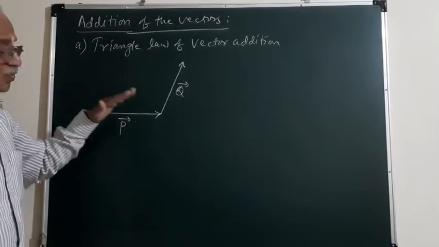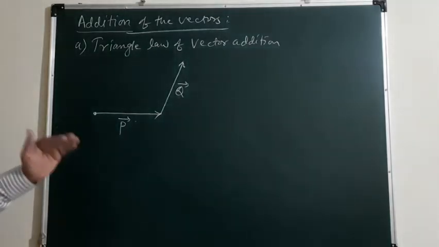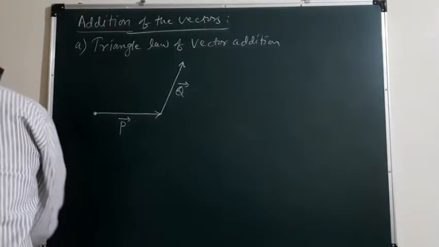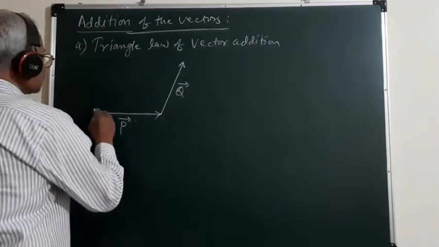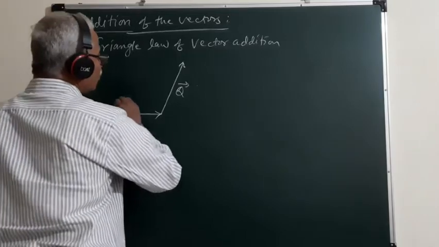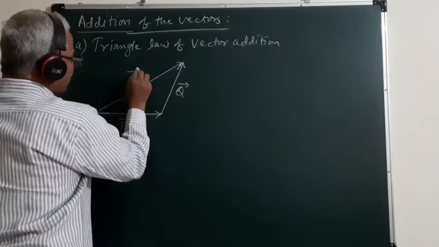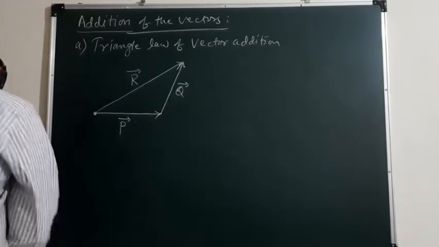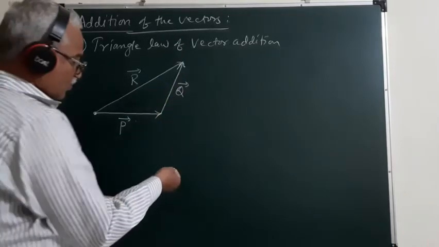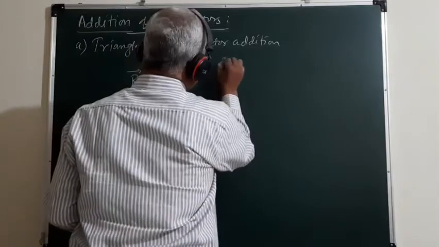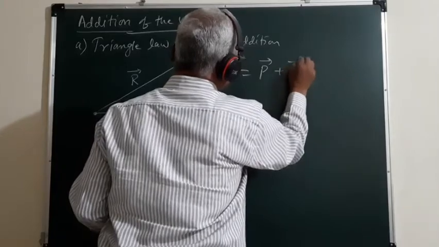Once the two given vectors are arranged in order, then by completing this triangle, that is, by drawing a directed line segment from the starting point of the first vector to the end point of the second vector, this vector gives the addition of the two given vectors p bar and q bar. So we can express r bar equal to p bar plus q bar.